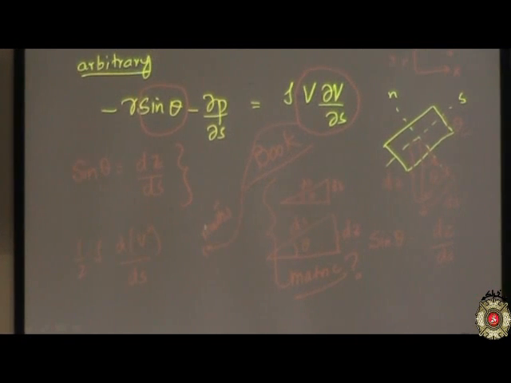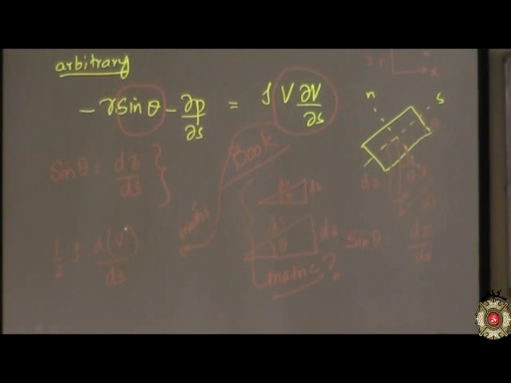If you open it, this becomes 2 times v, because you are differentiating this, and whatever is inside you take dv ds, right? And then you have half there, that's why half cancels with this 2. So 2 cancels and you are left with rho v dv ds. And there is a reason why we are doing it.